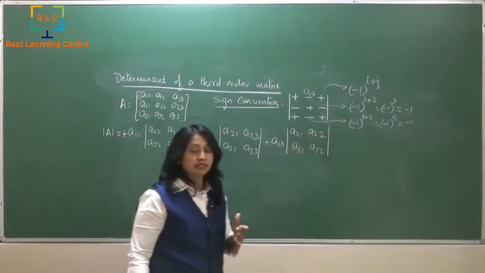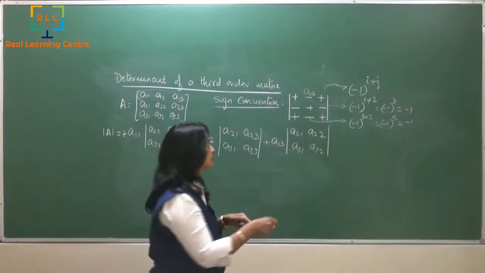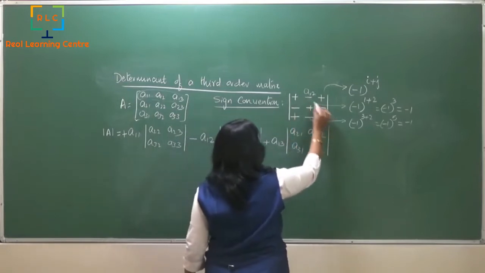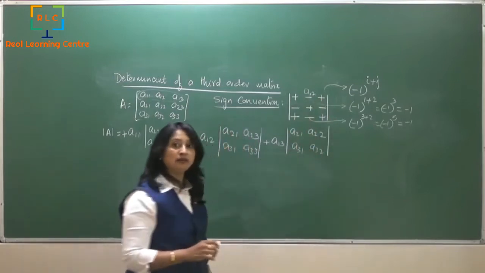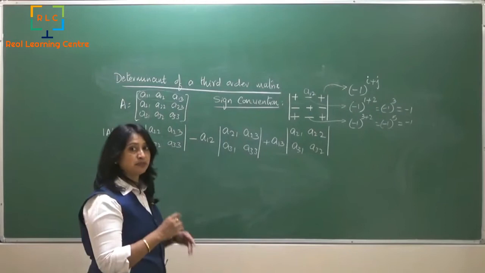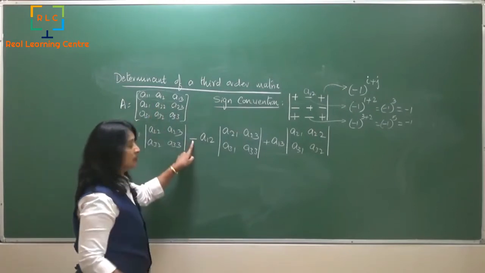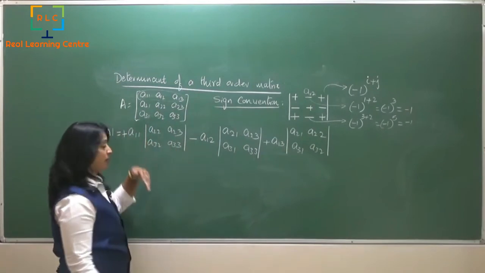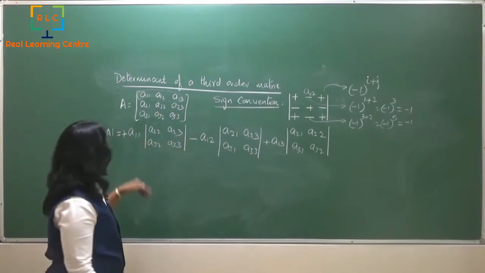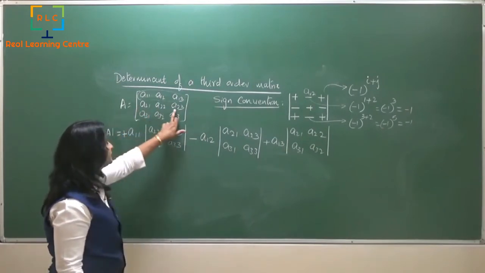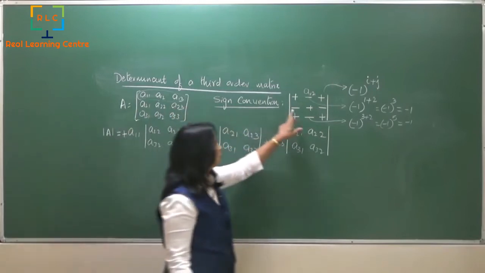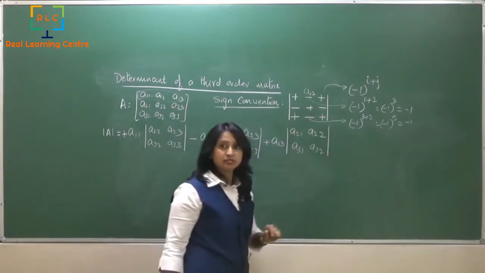So you can remember that the diamond shaped places will have minus and the rest all will have plus. So when I am expanding along row number 1, I shall take this place as negative sign. When I am expanding along row number 2, I shall take this as minus A21, this as minus A23, because these two will have the same signs.